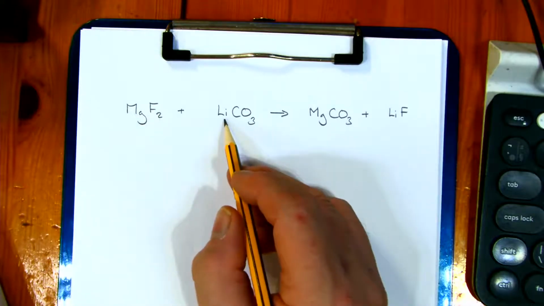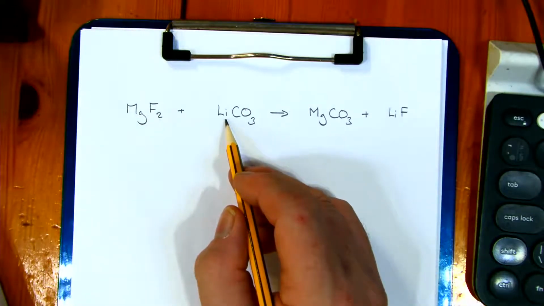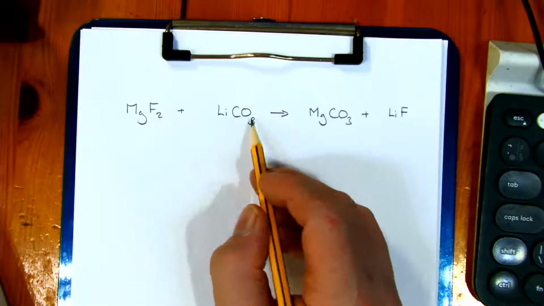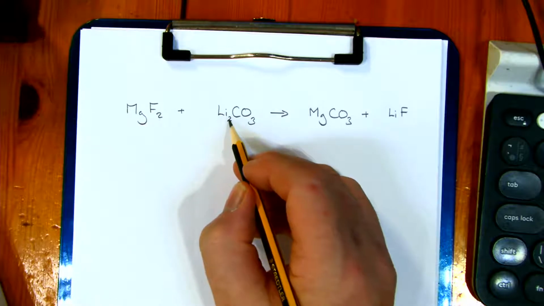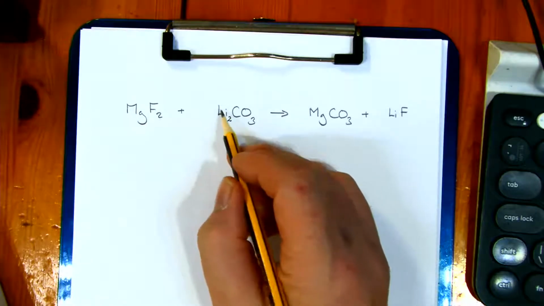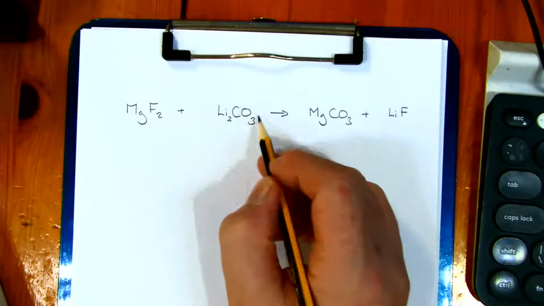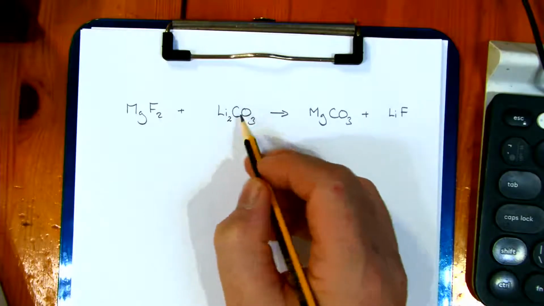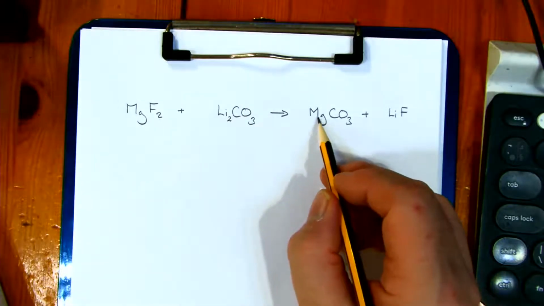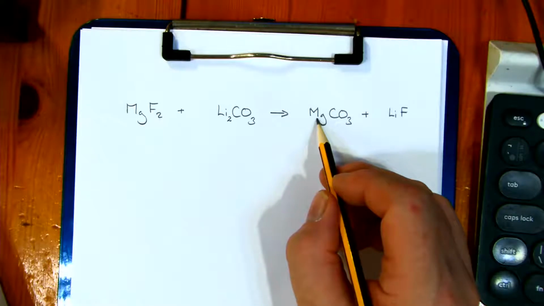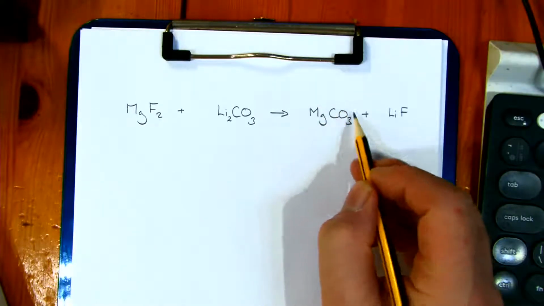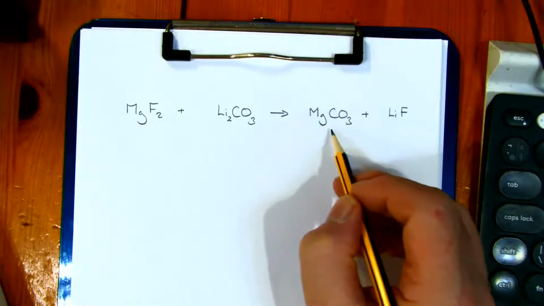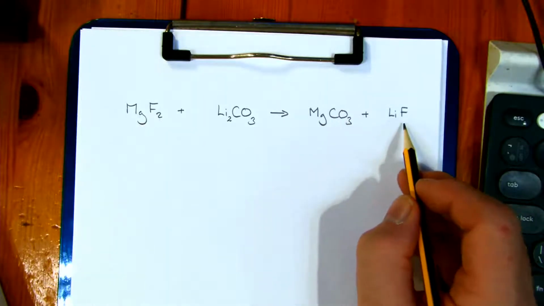The lithium here is reacting with the carbonate, and we've got to have 2 lithiums because lithium is only 1 plus and the CO3 is 2 minus. But when magnesium combines with this, magnesium is 2 plus and the carbonate is 2 minus. So that's balanced as a formula, and lithium fluoride.